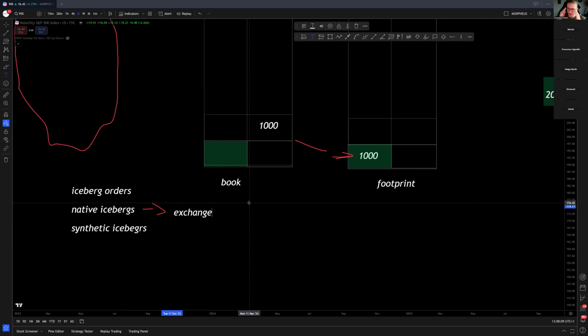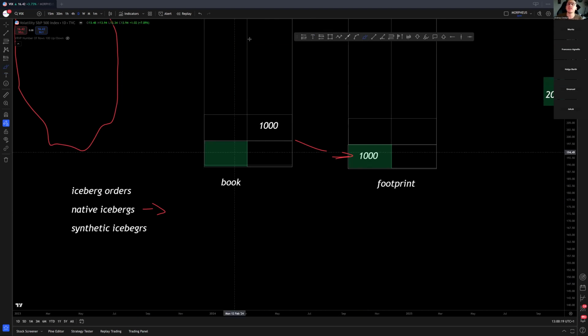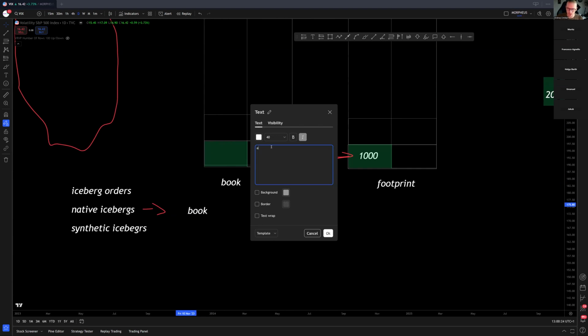So you, as, I don't know, JP Morgan, I'm just saying, tell the exchange, you know, I want an iceberg. You create it for me. Okay, JP Morgan, I'll create this iceberg for you. So exchange.